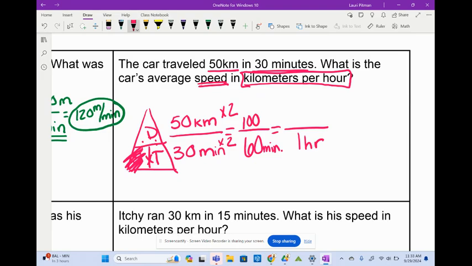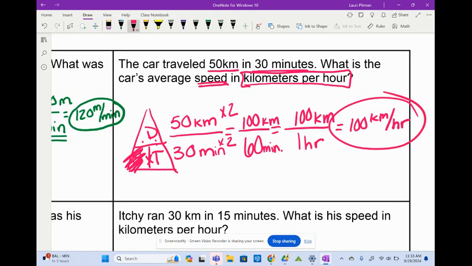And again, because 60 minutes is 1 hour, all I have to do is change 60 minutes to 1 hour. So it is 100 kilometers per hour, which you can rewrite as 100 km over hr. 100 kilometers per hour is our average speed.